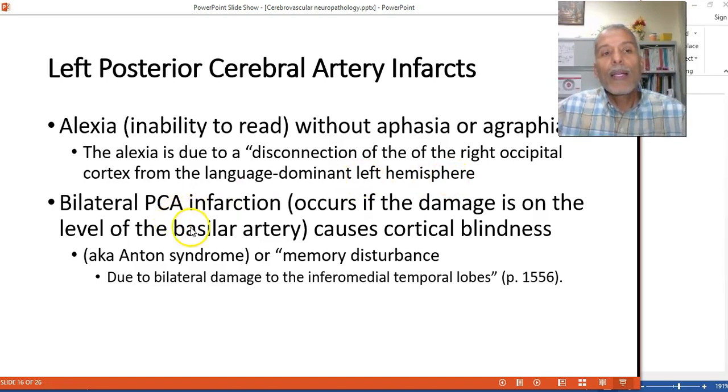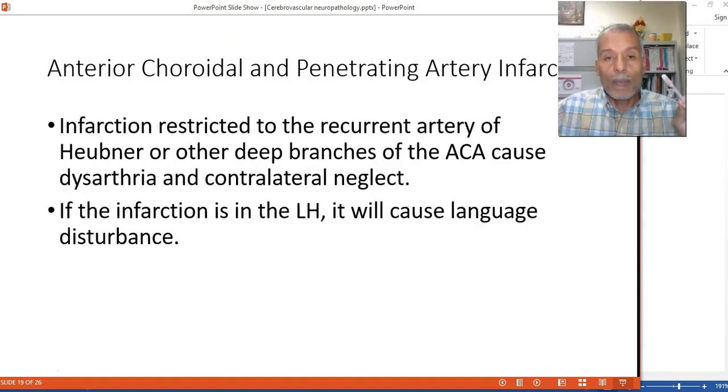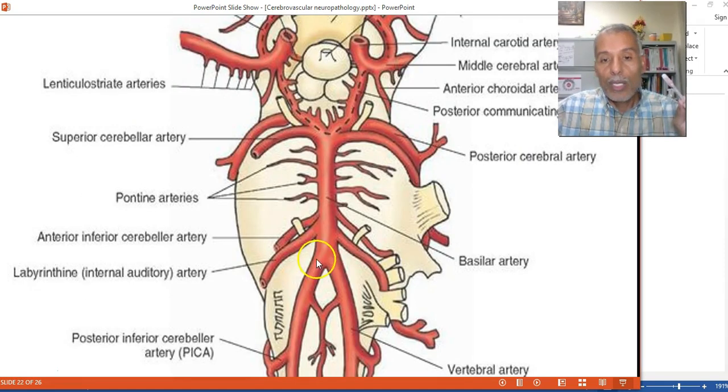And then, if the damage is bilateral in the posterior cerebral artery, if the infarction is bilateral, that sometimes occurs on the level of the basilar artery. Let me show you an image. Here is the basilar artery, where the two vertebral arteries unite into the basilar.